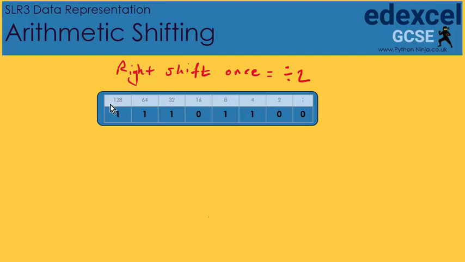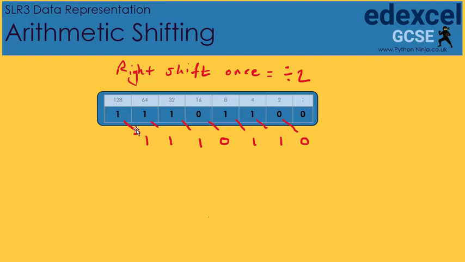Each bit gets shifted one place to the right, and the last 0 just gets lost off the end here. Okay, so loss of accuracy as we've discussed before.